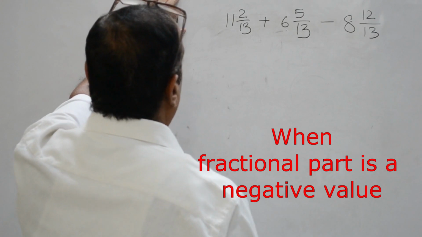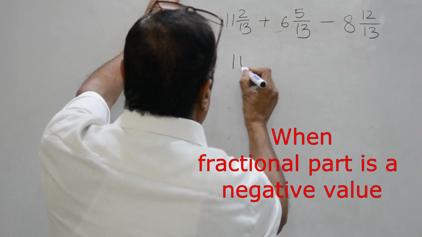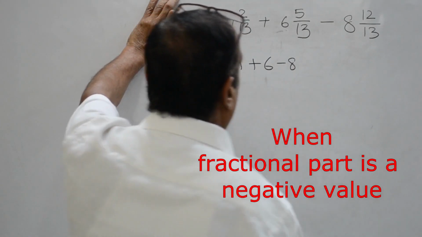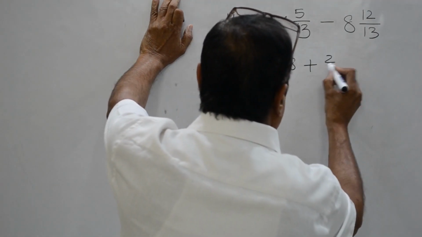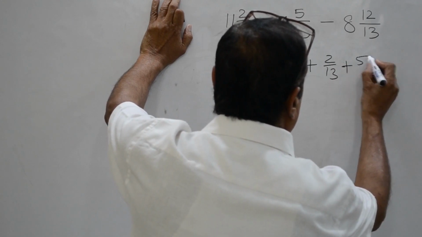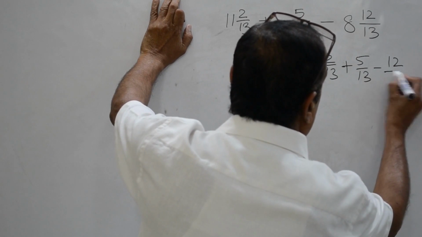So here the whole numbers are 11, 6 and -8. And the fractional parts are 2 upon 13 plus 5 upon 13 minus 12 upon 13.